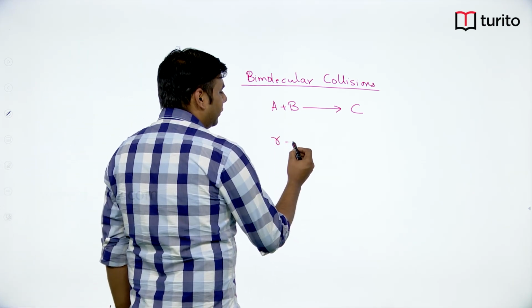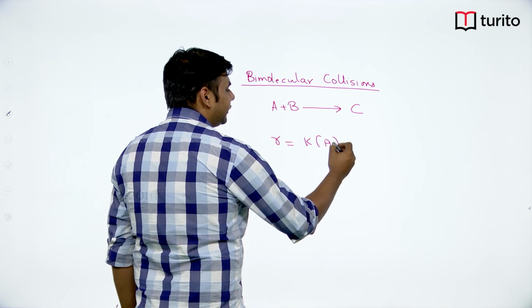So I can write the rate of this as k into [A] into [B] raised to power 1, if this is an elementary step.